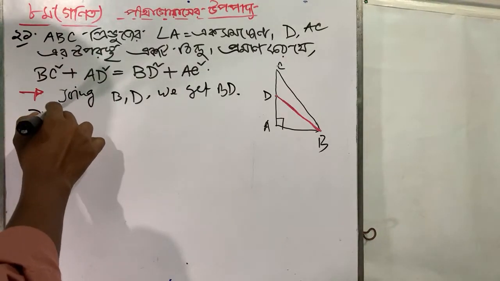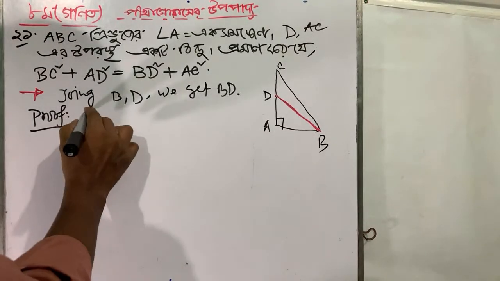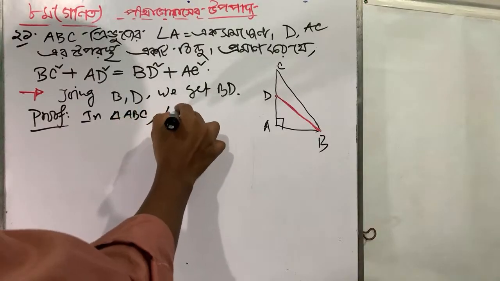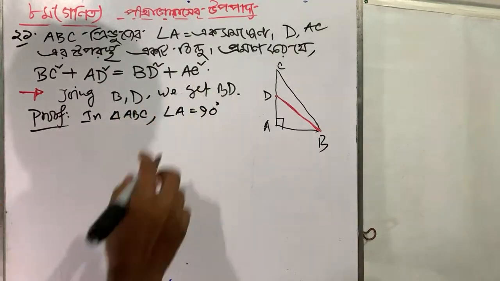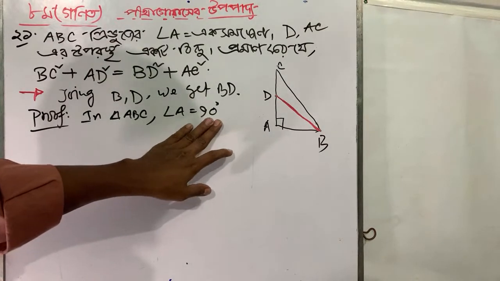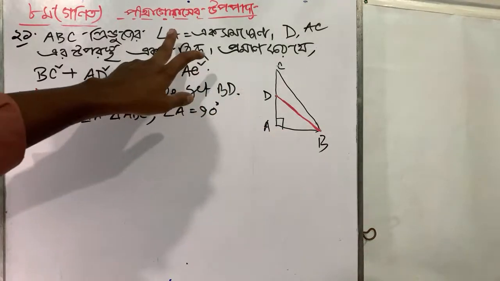Now for the proof, you see in triangle ABC we have angle A which is equal to 90 degrees. So A is 90 degrees, that is given.